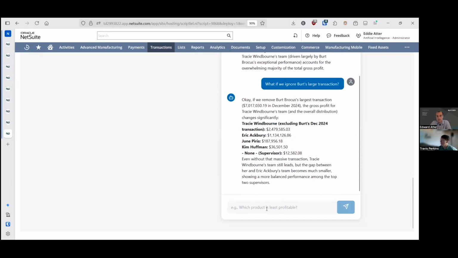You can see we still have the skew. So I'm going to say, give me contact info for the bottom three sales reps in a table. Show their GP in 2025.